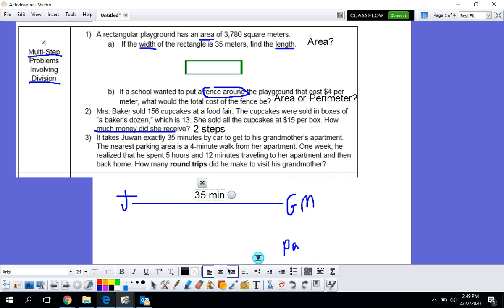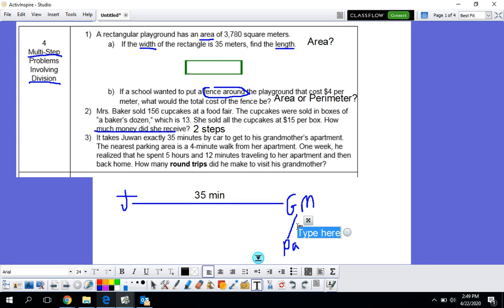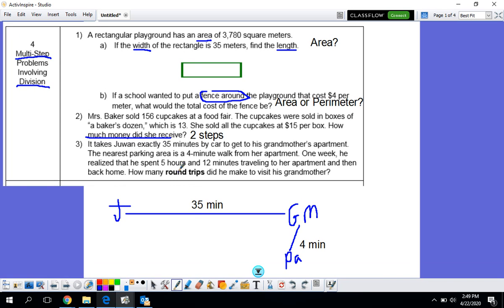Well, he's got to park his car, so he's going there, but then he's having to go to the parking. So I'm going to put from grandma's to parking is 4 minutes. So then it talks about how much he spent total in a week. And then y'all really need to think about round trips. Round trips mean to grandma's apartment and back to Jawan's house. A round trip is there and back. So really think about that when you're trying to do that.